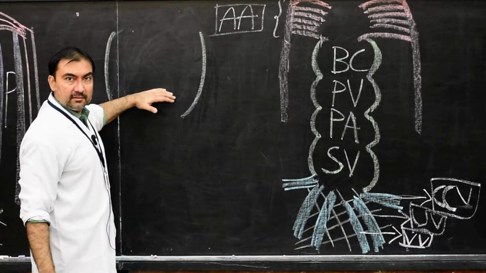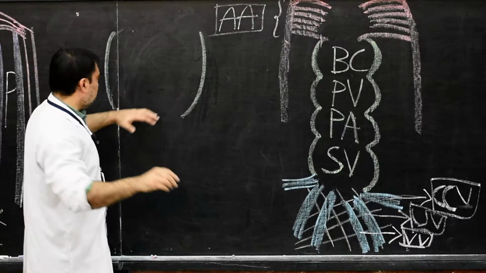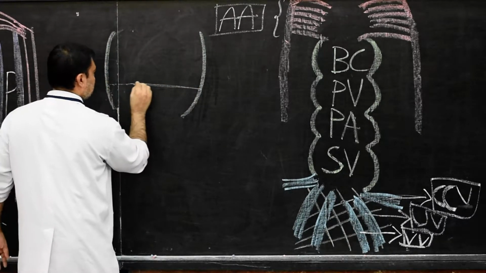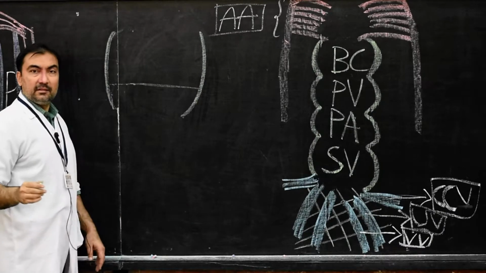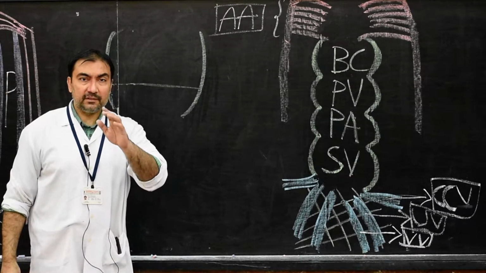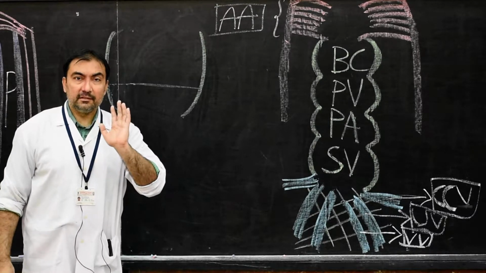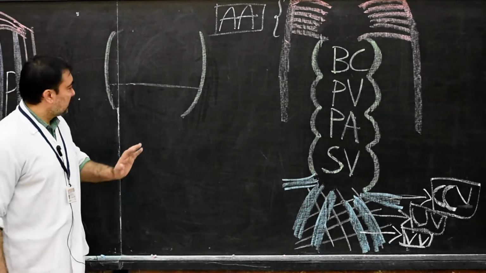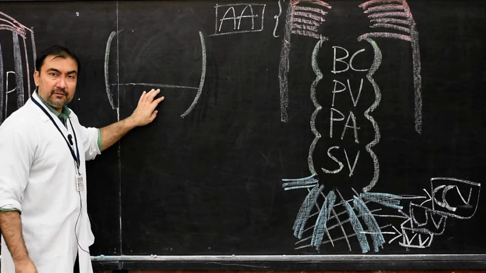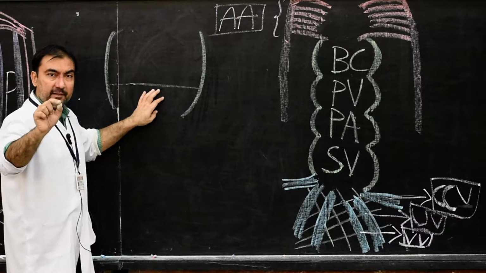Proximal part, this bulbus cordis, this proximal part will be known as the trabeculated part of the interior of the right ventricle, not atrium.